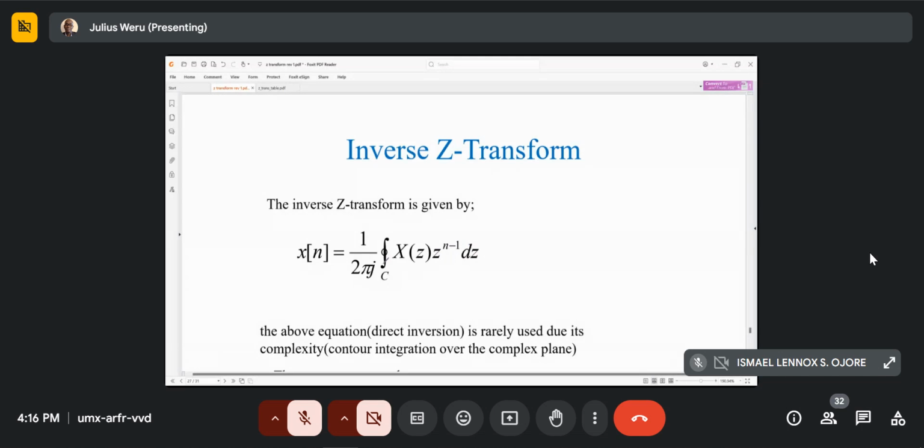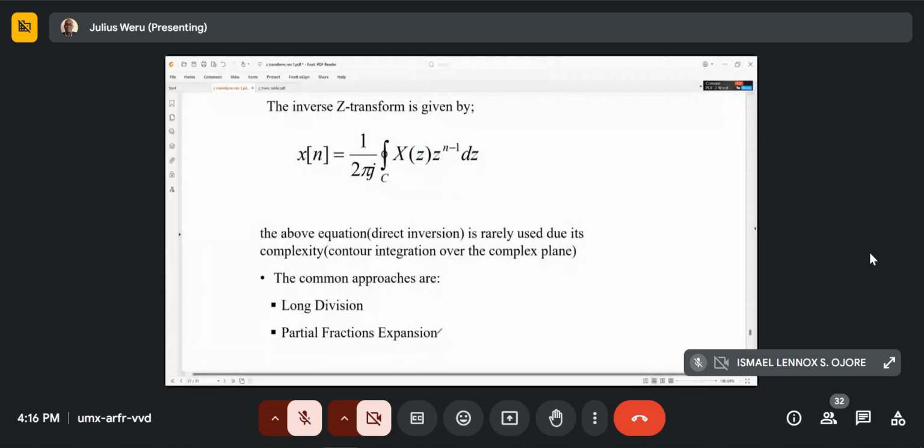From this contour integration, this becomes a bit too complex. So usually we don't do direct conversion to xn because of the complexity of doing this contour integration over a complex plane. You can see it's over a complex plane. It's very complex.